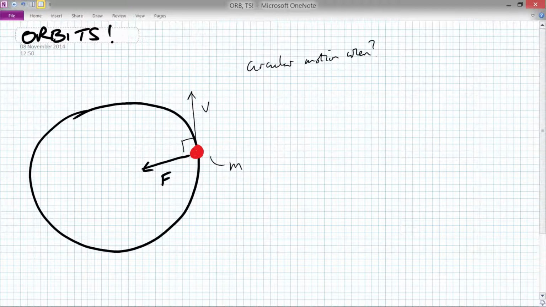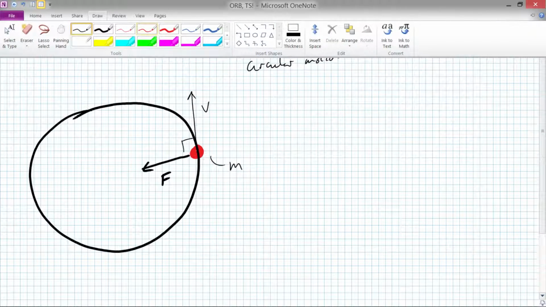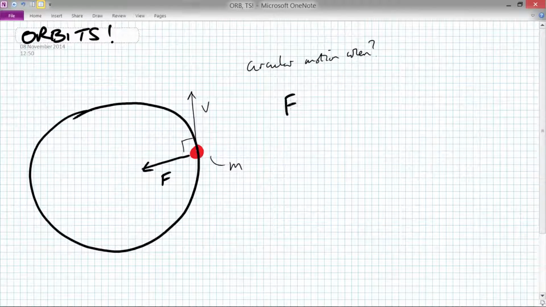All it does is drag it round that circle, so we've got a constant change in linear velocity as this body moves round the circle. And we said that it's always at right angles. So circular motion occurs when we have some centripetal force, F, which is centred on the middle of this circle.